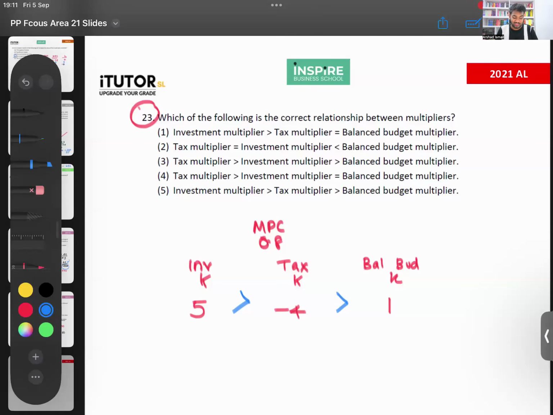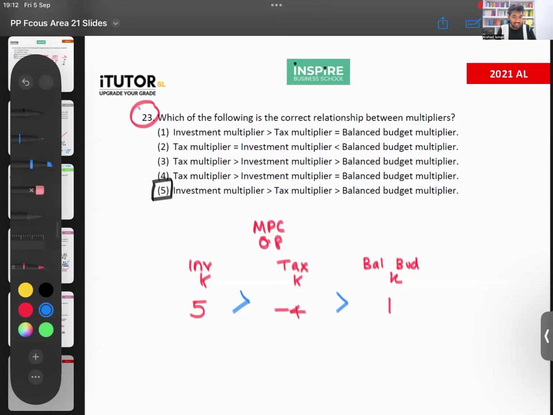So which one is your answer? Your answer has to be number 5. Now some of y'all make the mistake and go and put number 1. Okay. So investment multiplier plus the tax multiplier is equal to balance budget multiplier.